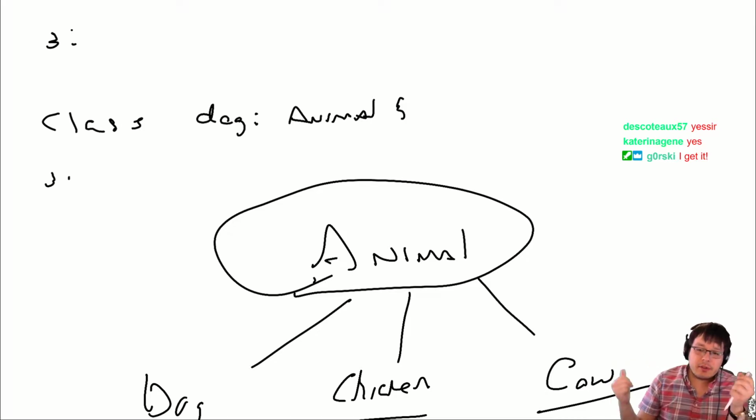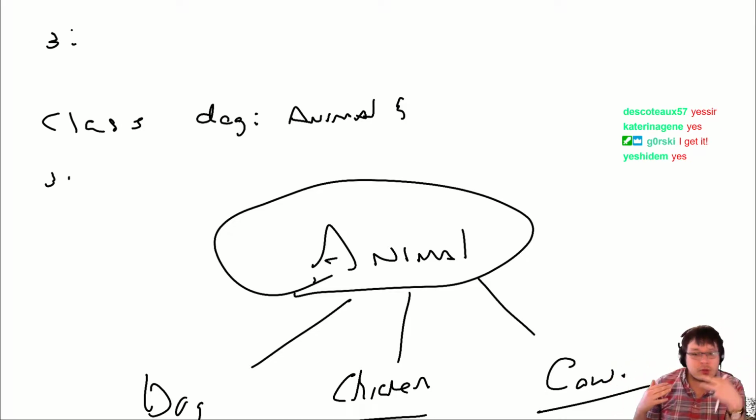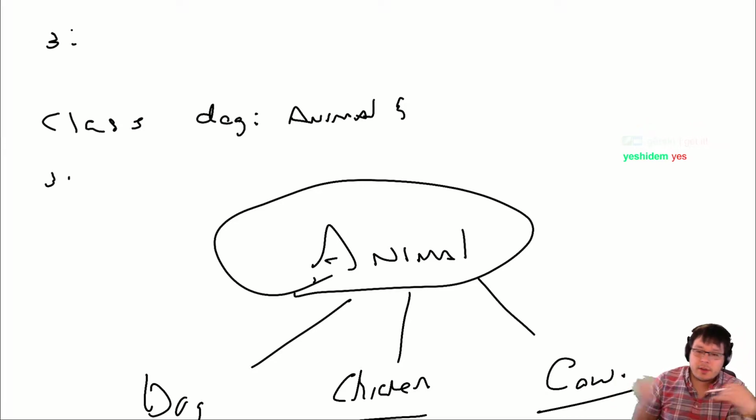Good, great. So we want to be able to limit. And yet again, this comes back to the idea that we were talking about some time ago about limiting what people can and can't do, not necessarily as a security thing, but more as a way to avoid mistakes, right? So we never really want the user to actually create an object of this animal class. So how can we stop them from doing that? To stop them from being able to create an object of a specific class, but still be able to have that class in code to then inherit, we can use the concept of what is known as an abstract class.